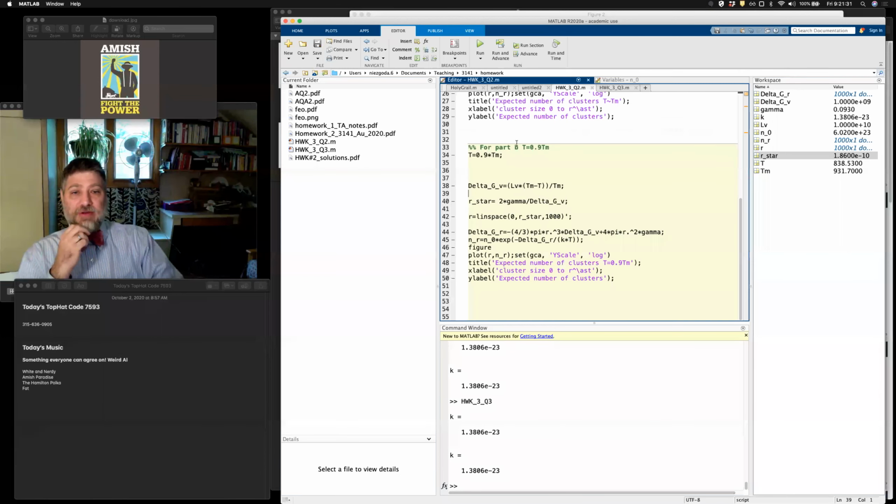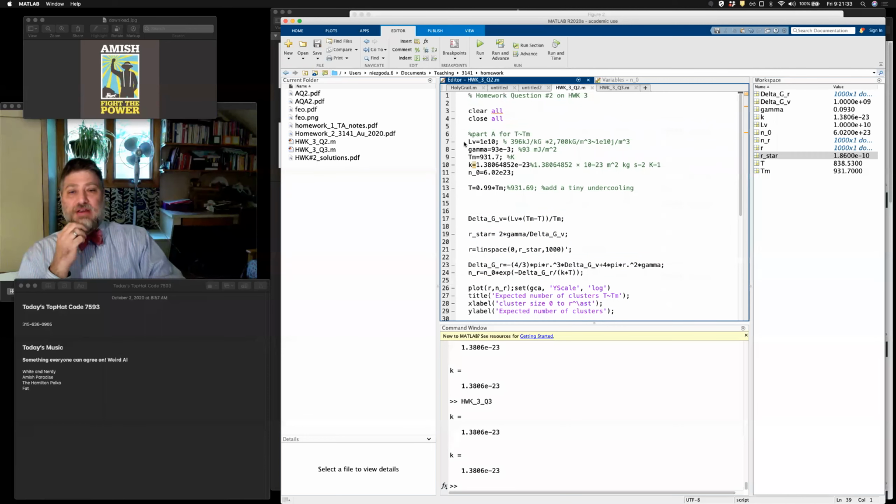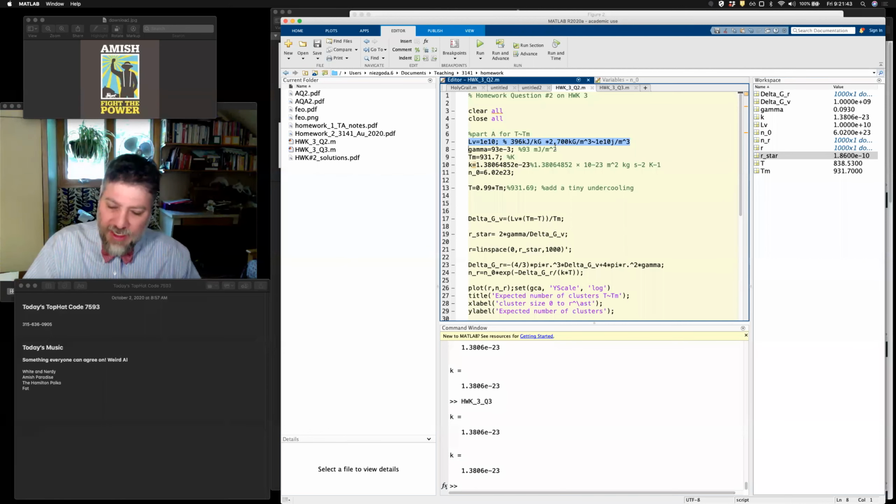Like I said, the only real trick here is make sure that you've got your specific heat per unit volume. The surface energies are not in the reading, but you can find those in the book in chapter 3. They're also in the Turnbull reading that I assigned. Actually, the book just takes the chart from the Turnbull papers and republishes it.